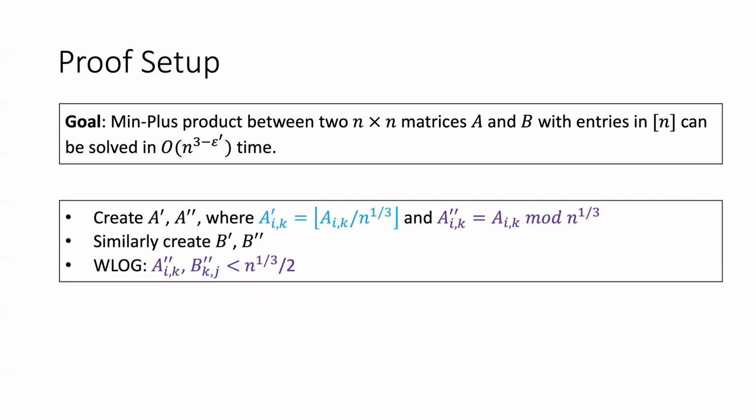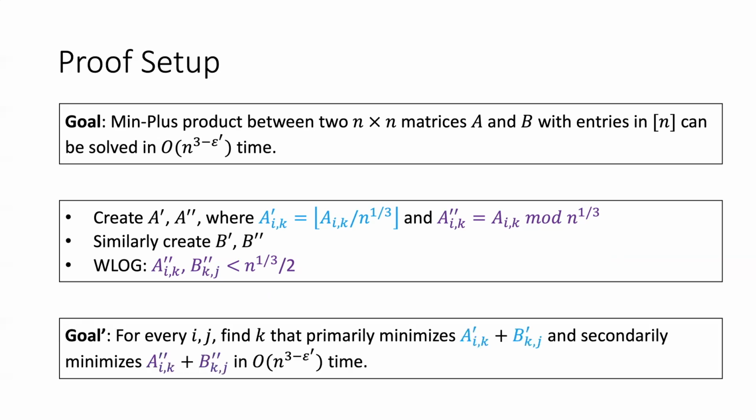So the first step in the reduction is to create several matrices. We set A prime_ik to be a_ik divided by n to the 1/3, rounded down, and A double prime_ik to be a_ik mod n to the 1/3. And we similarly create B prime and B double prime. By some reasoning, we can assume without loss of generality that A double prime_ik and B double prime_kj are all less than n to the 1/3 over 2.